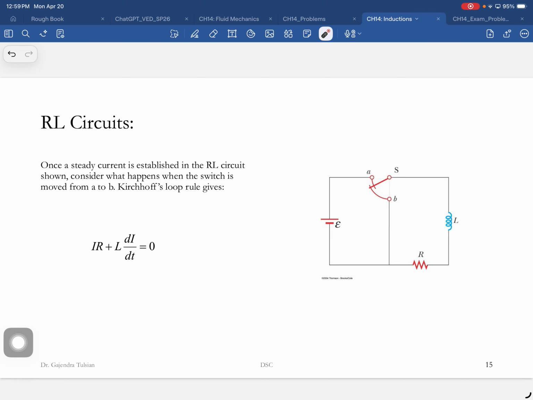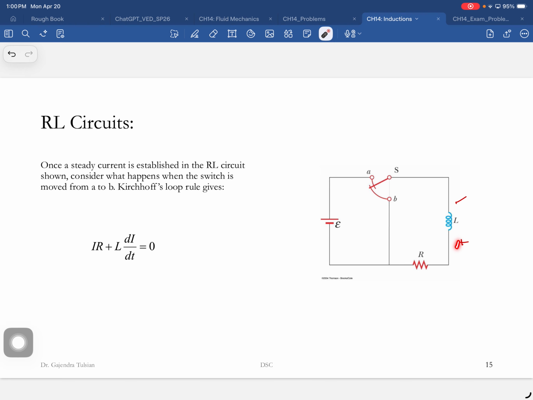The equation for just this loop is as follows. The current was in this direction, and once it's closed, it'll maintain a current in this direction. Let's go from here and go in this direction. This is plus IR, and then this guy was positive and this guy is negative.